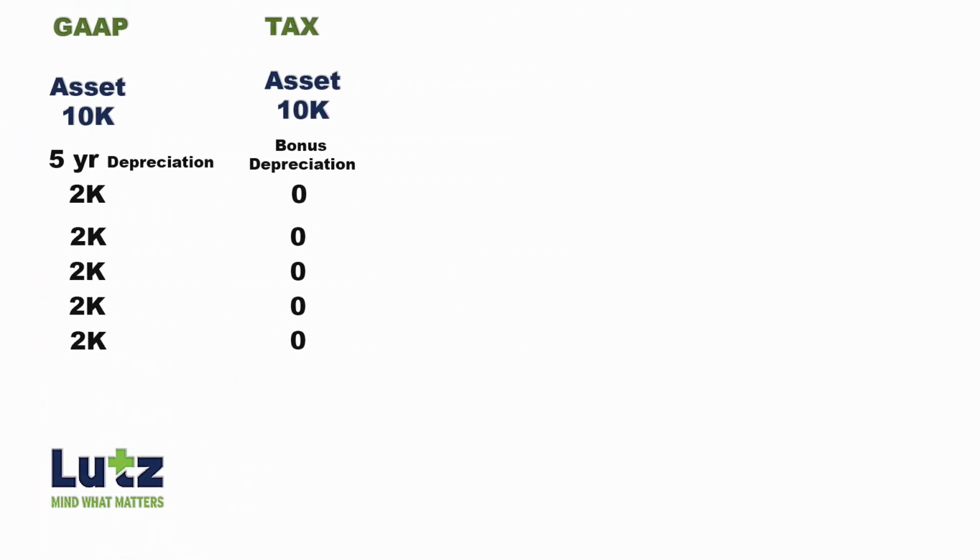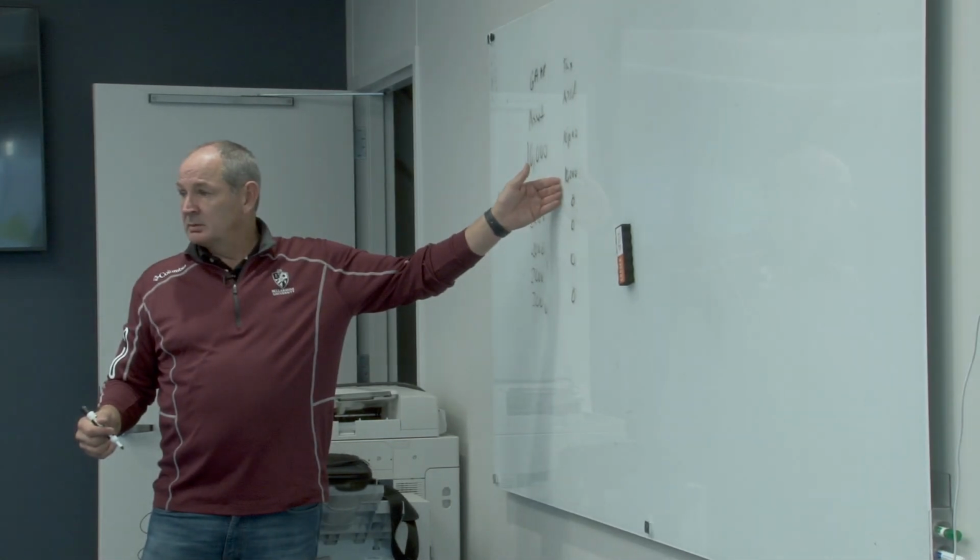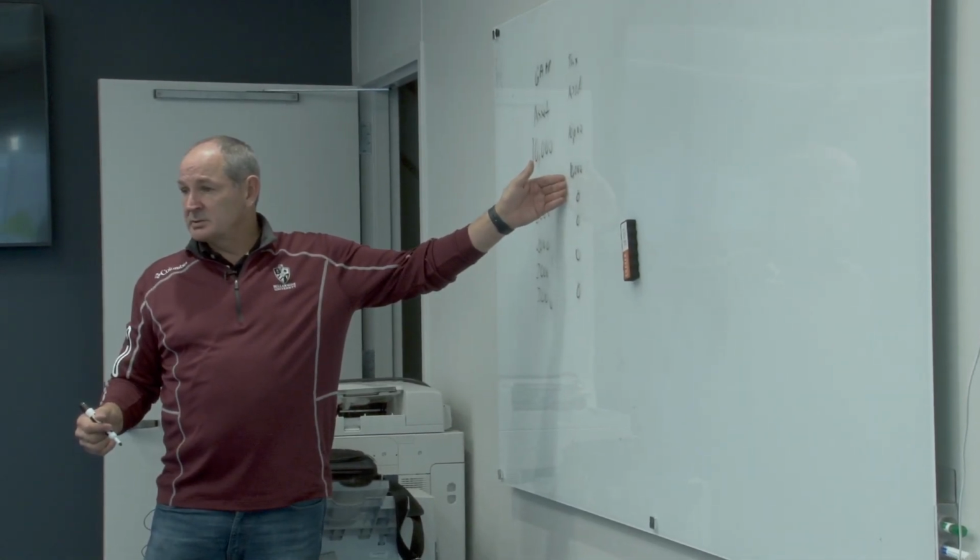So what this is saying is, is there an accounting method for book? What's the accounting method for book? It's taking the $2,000 a year depreciation on that asset. That is the method for book. Is there an accounting method for tax? Yes, there's an accounting method for tax. And due to our ability to take bonus depreciation in year one, we took all $10,000.